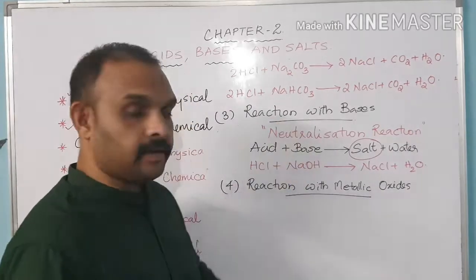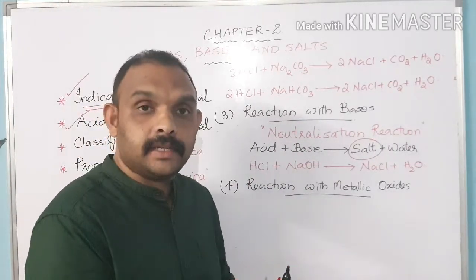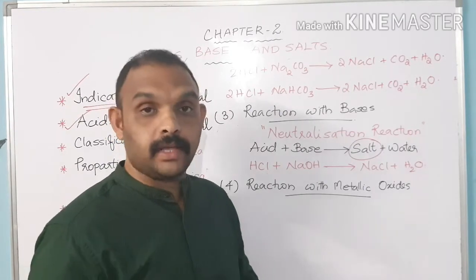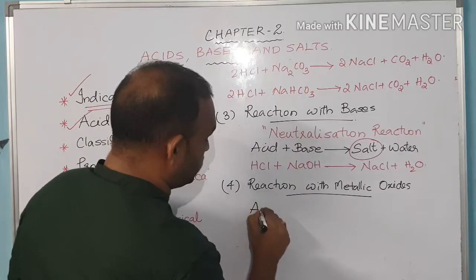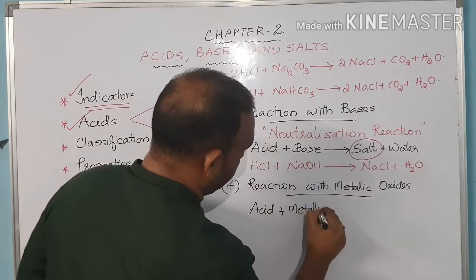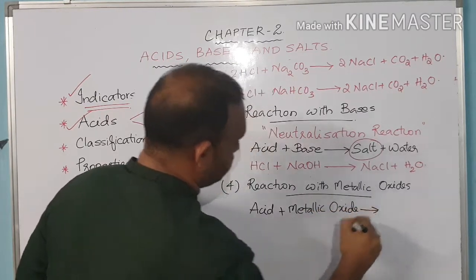Already we have seen here. So reaction of acids with metallic oxides is also a type of neutralization reaction. So we can write the general equation as acid plus metallic oxide gives what?